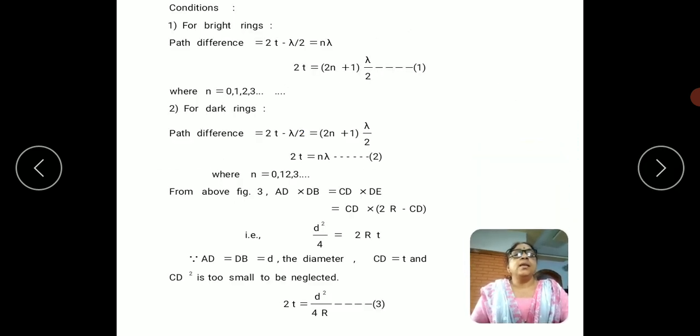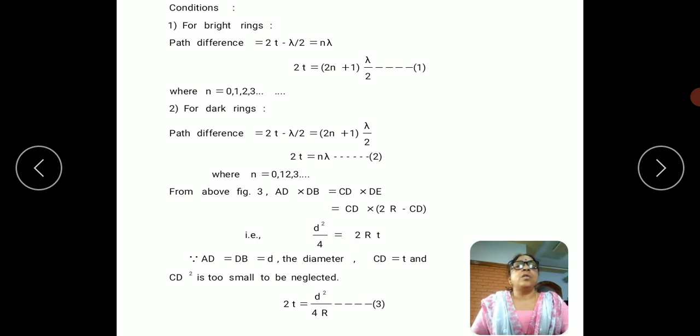Now let us see the condition for the bright ring and the dark ring. For a bright ring, the path difference is equal to n lambda, but the true path difference is 2t minus lambda by 2. So after simplification, 2t is equal to (2n plus 1) lambda by 2. Say this is equation 1, where n equals 0, 1, 2, 3 and so on.